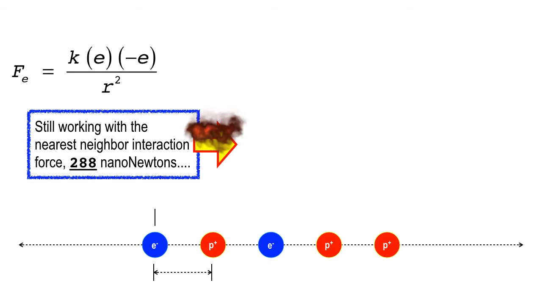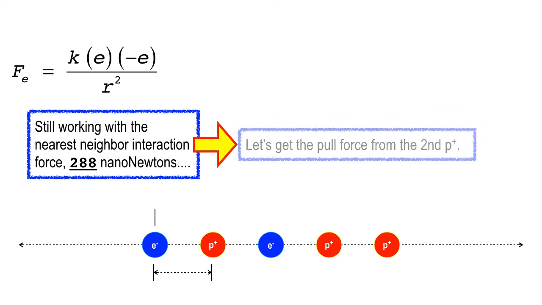And we're still working with the nearest neighbor interaction force. But now let's get the pull force from the second proton. In other words, let's get this baby. That second proton is going to be pulling the electron off to the right. Now it's not going to be 288 because he's, let's see, 1, 2, 3 times as far away.